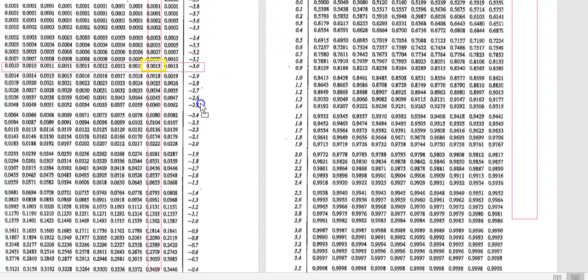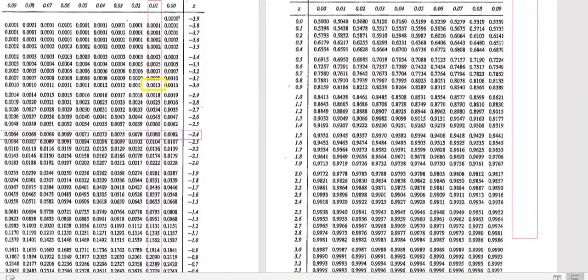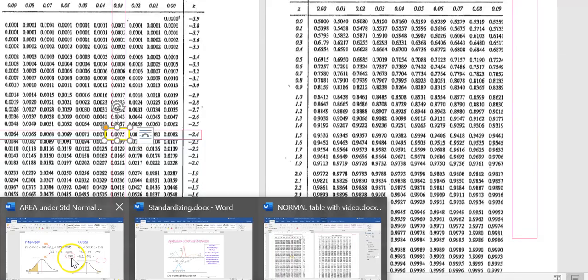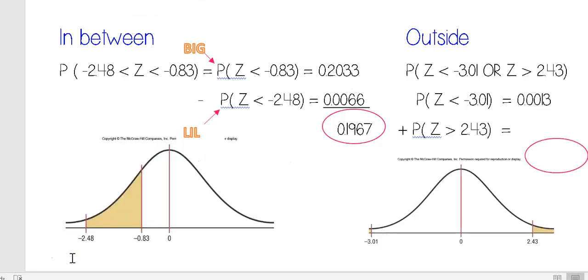So in my normal table, I'm going to go to row negative 2.4 and the column of 0.03, and those intersect at 0.0075. So the area under the curve to the left of negative 2.43 is equal to the area under the curve to the right of positive 2.43.